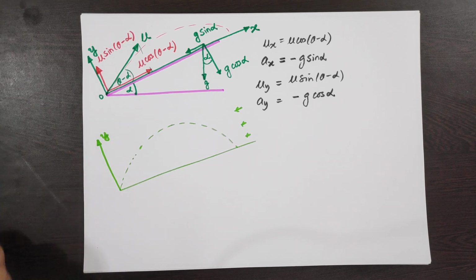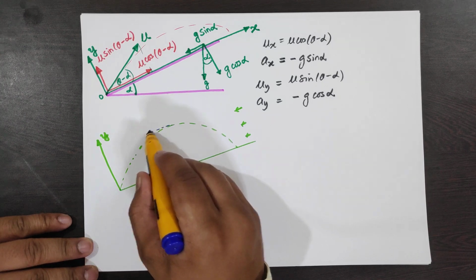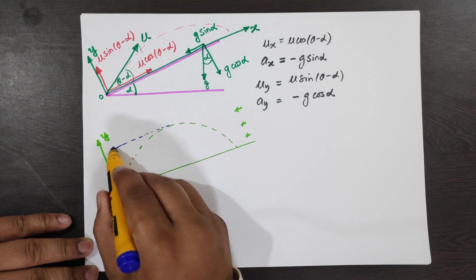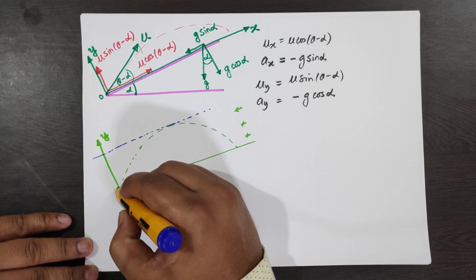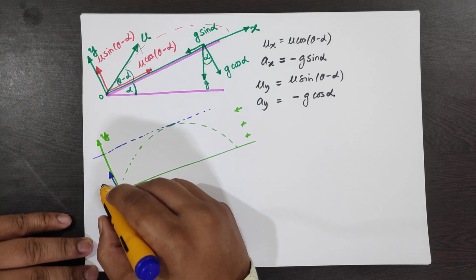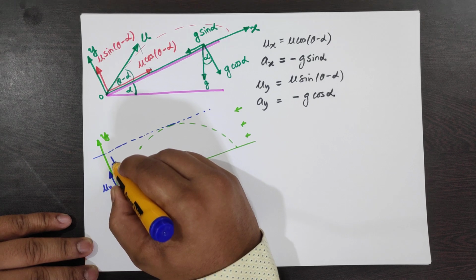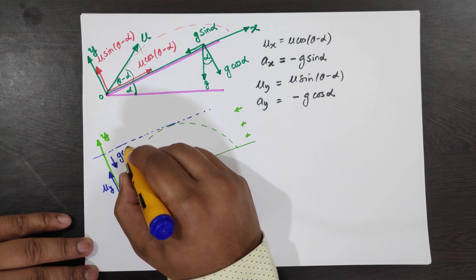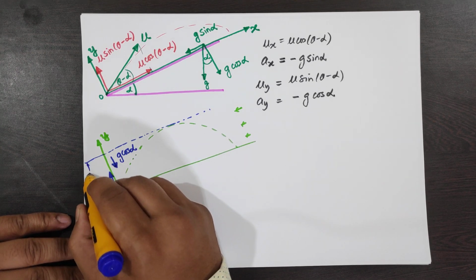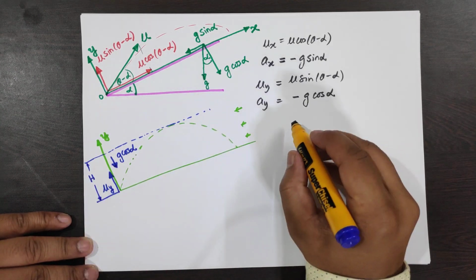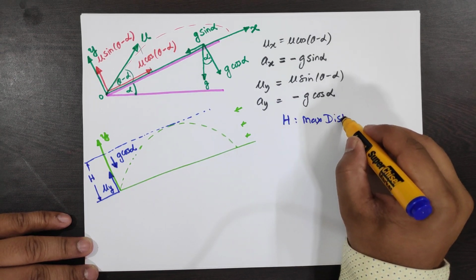If you observe the y-axis motion only, it will go up with velocity uy, and an acceleration downwards equal to g cos alpha, and this is the maximum distance from the incline, h.